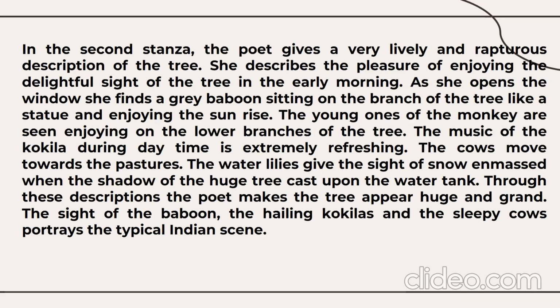Music of the kokila during daytime is extremely refreshing. The cows move towards the pastures. The water lilies give the sight of snow, amazed when the shadow of the huge tree is cast upon the water tank. Through these descriptions, the poet makes the tree appear huge and grand. The sight of the baboon, the hailing kokilas, and the sleepy cows portrays a typical Indian scene.